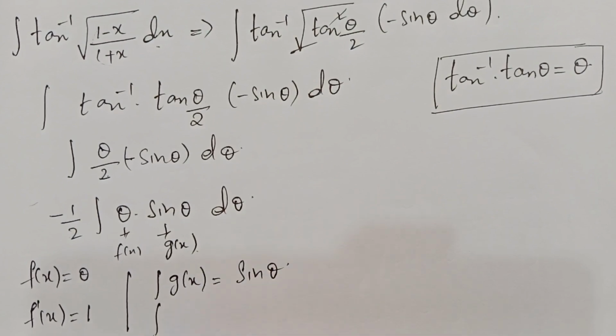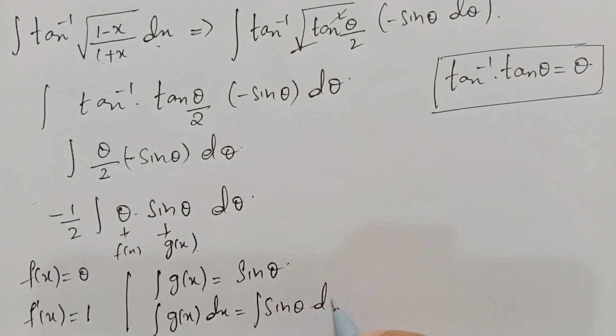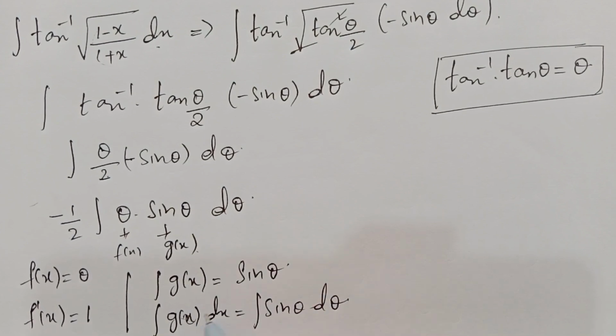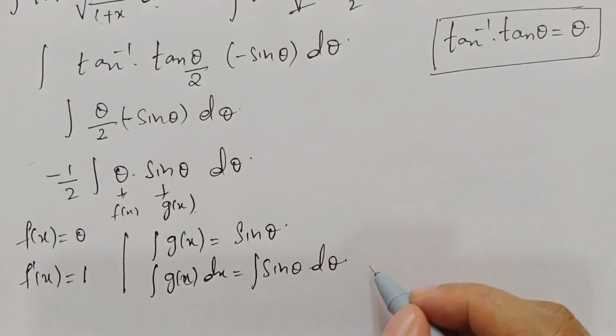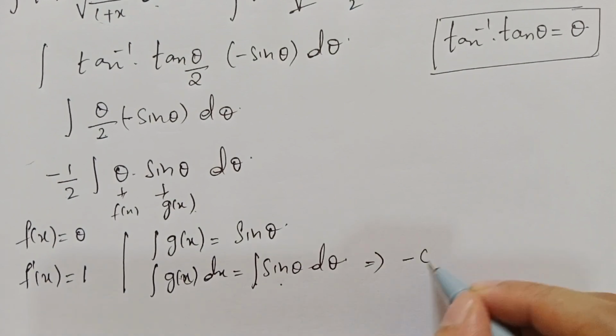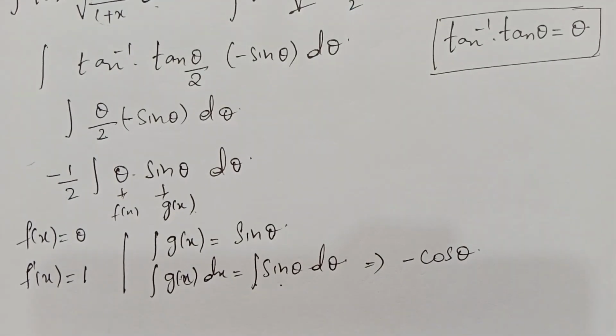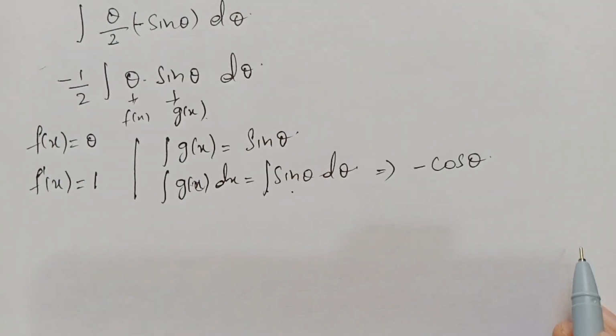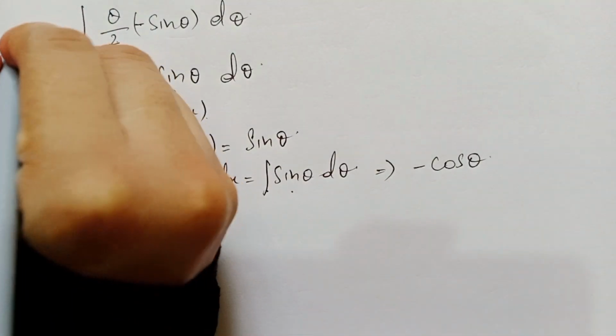So integral g of x dx, we can write theta also. I'm writing x because everywhere we have solved in that way. You can write theta here. Okay, so here integral of sine theta is minus cos theta. I'm not writing the formula, I'm substituting it directly.